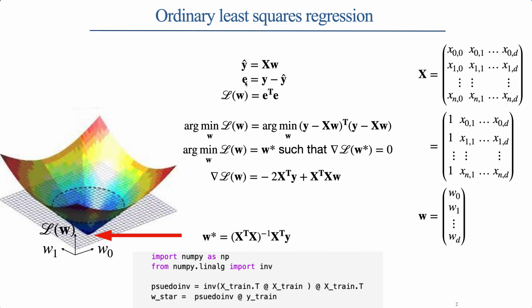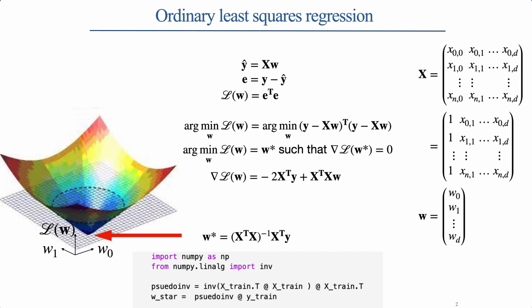So these residuals, E, if it's an n long vector, each one of those entries gets squared, and then each one of those squared entries gets summed together. That's what this matrix algebra does.